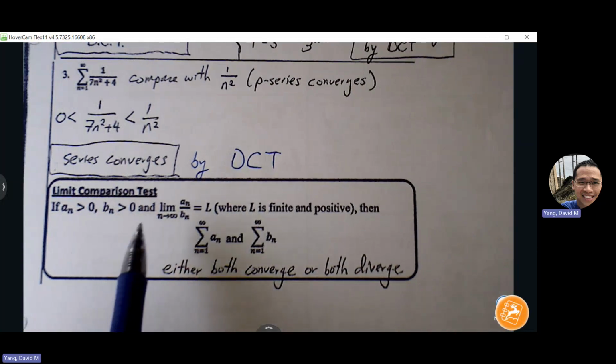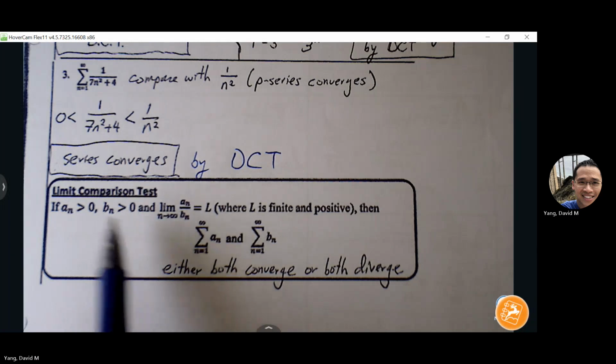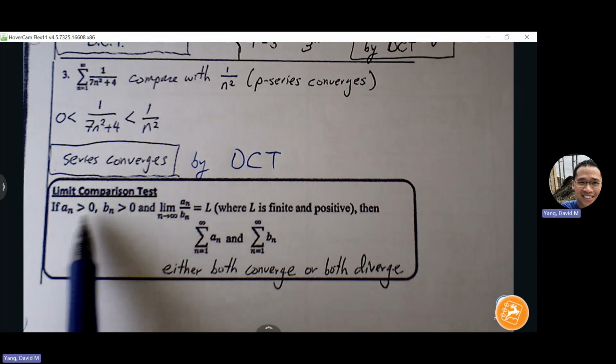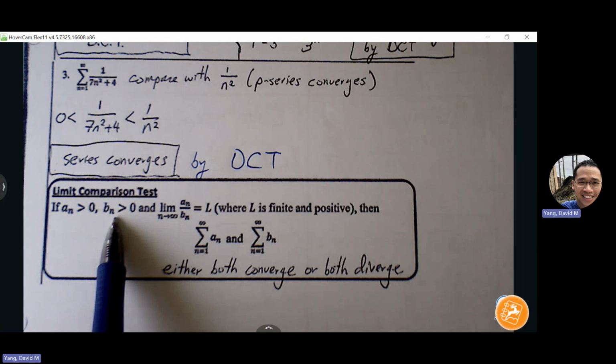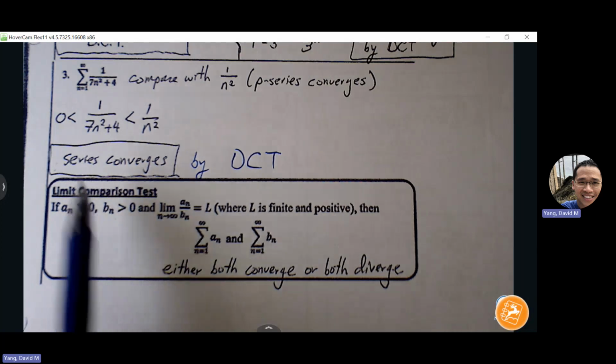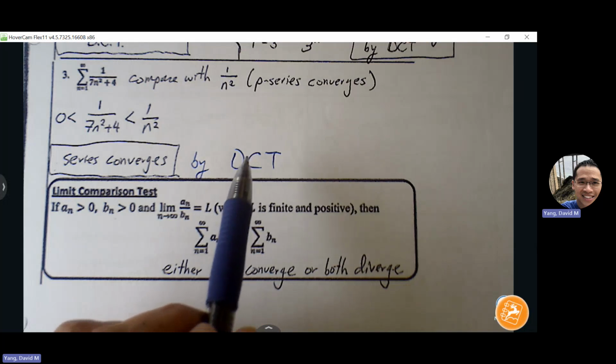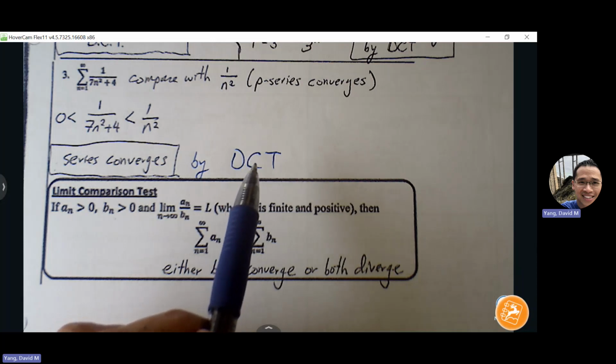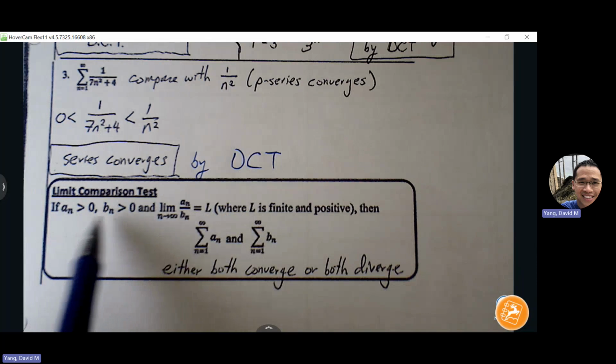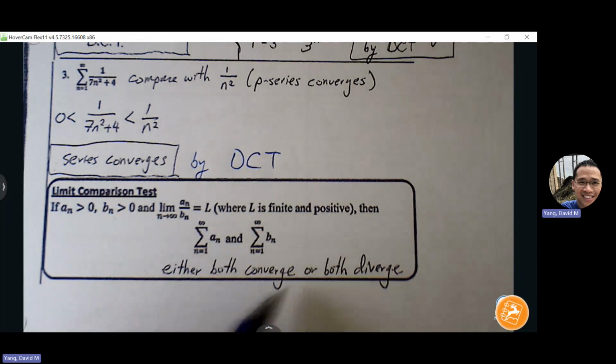It says that if I have two series, and it's similar to the direct comparison test in the sense that we're still looking for a simpler version of the series that we know the convergence or divergence for, but the process is going to be a little cleaner.